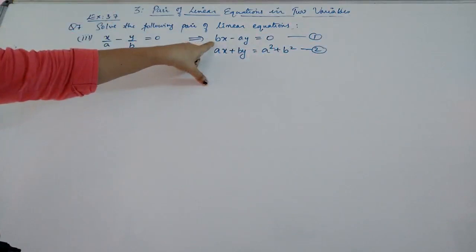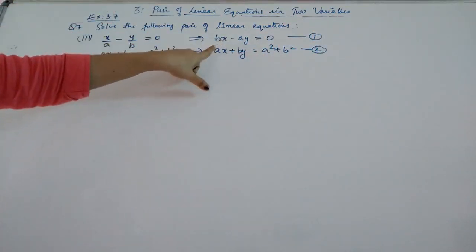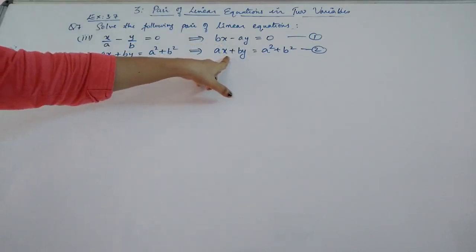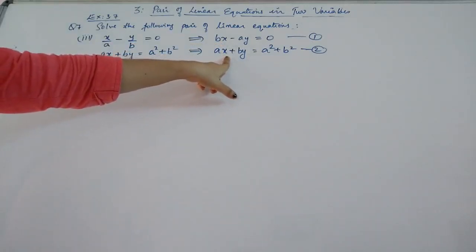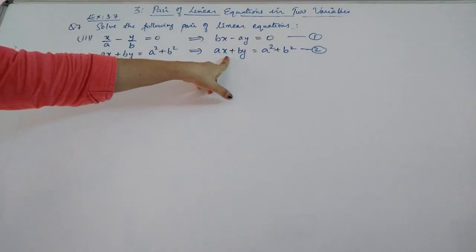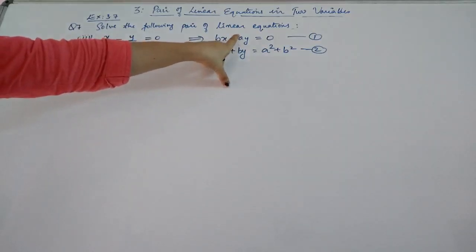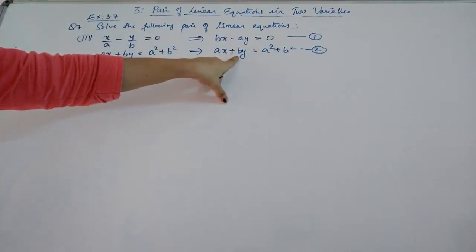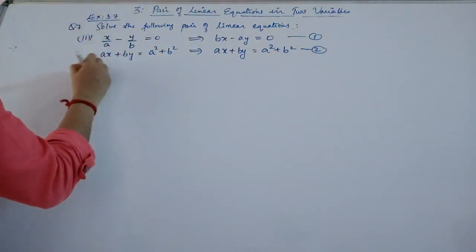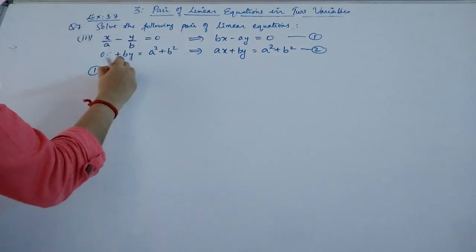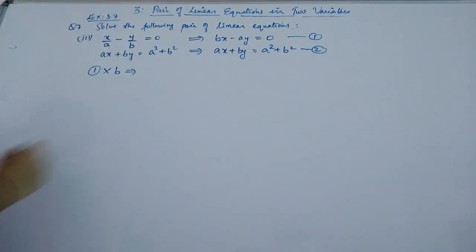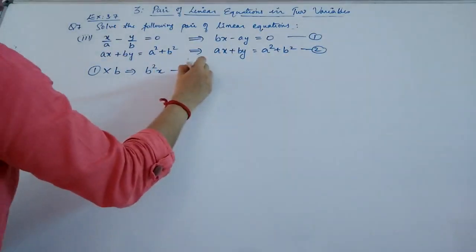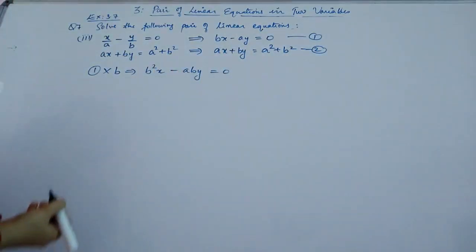Now again, for first equation you have b into x, and for second equation you have a into x. What we are doing is we are just multiplying the first equation with, if we are multiplying with b, here you can get ba, and here if multiplying with a you will get ab. So either of the way you can do. First equation into b will become b square x minus aby is equal to again 0.